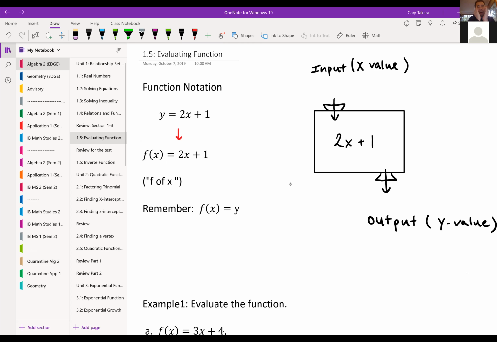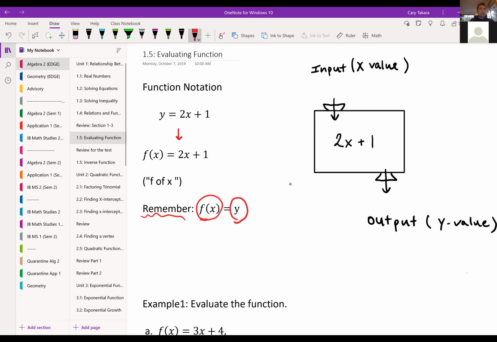Oftentimes I've had the question or comment saying, hey, Mr. Takari, does that mean it's f times x? I mean, parentheses means multiply, right? But it doesn't mean any of that. It's just a notation.